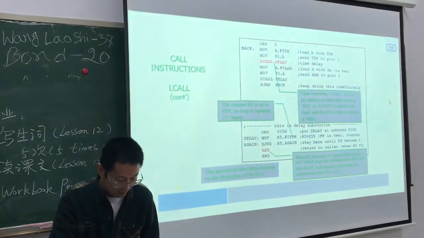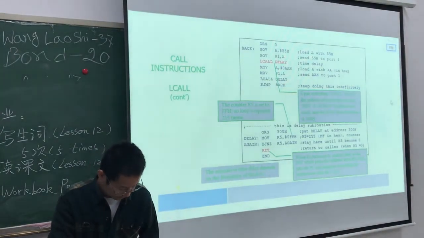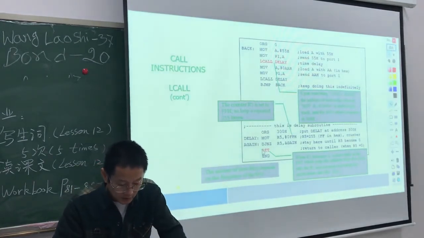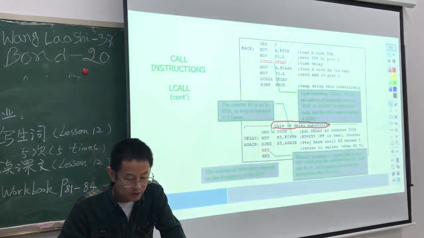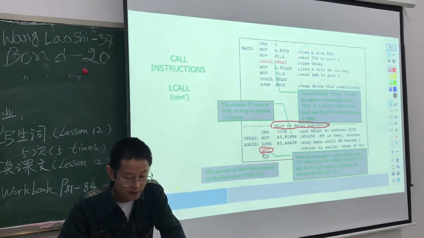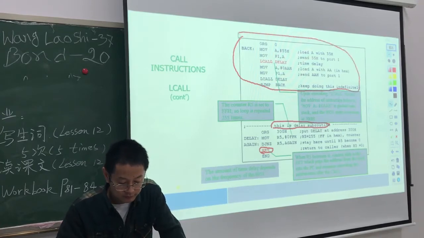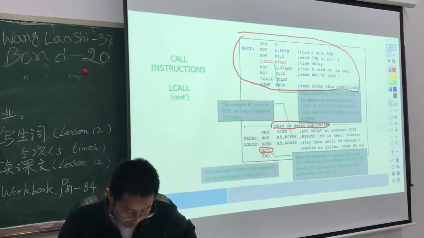Here is an example. This is a delay subroutine. RET is the end of the subroutine. So here is the main program. Here, call delay.